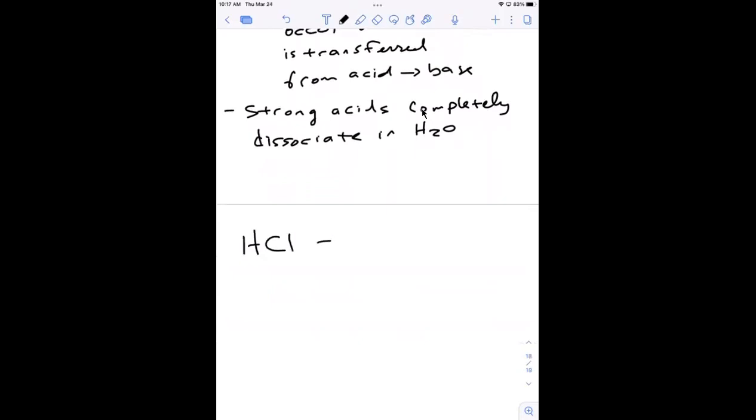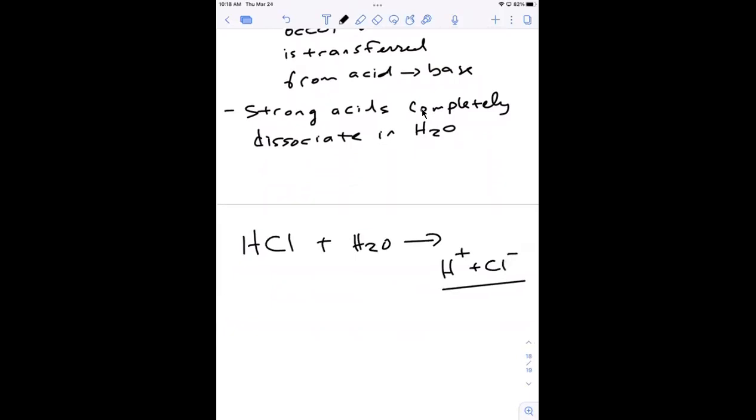And if I take that and dilute it up, so I'm going to add water to it, right, the acid actually dissociates, right?